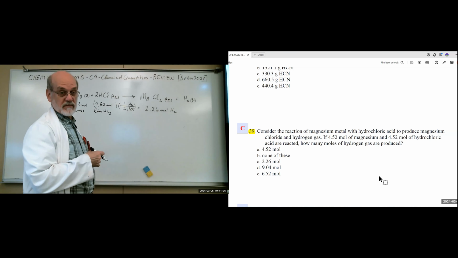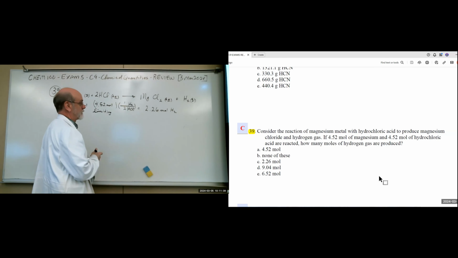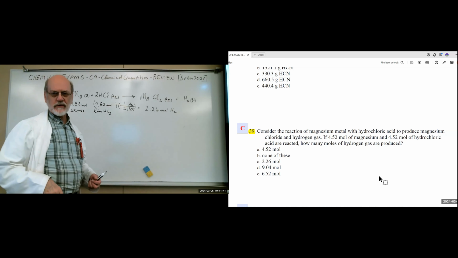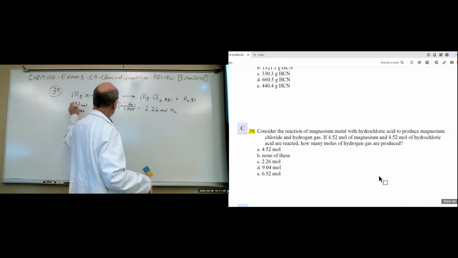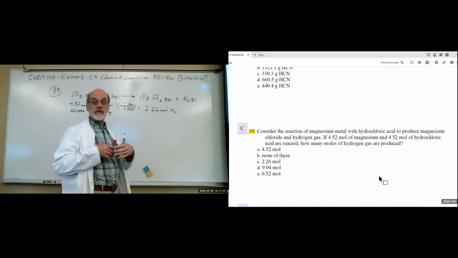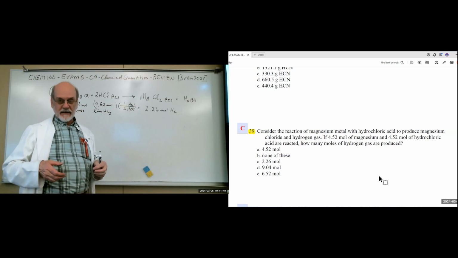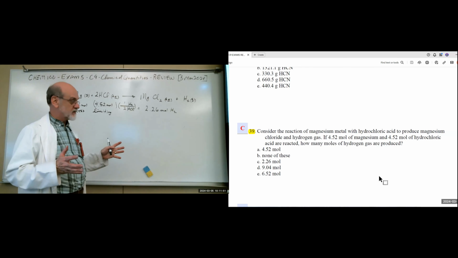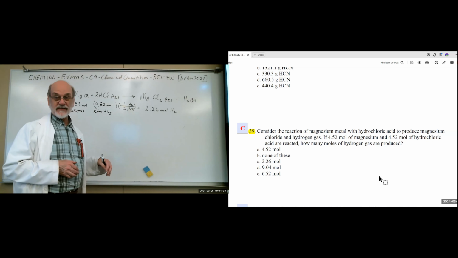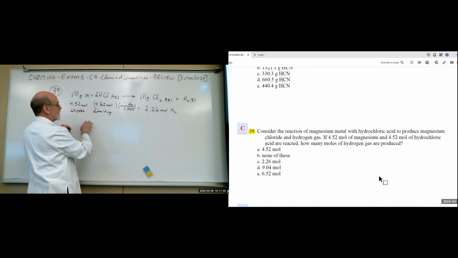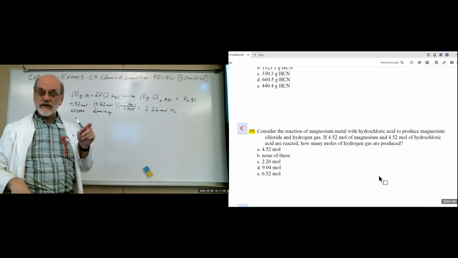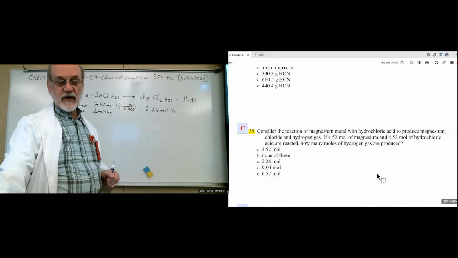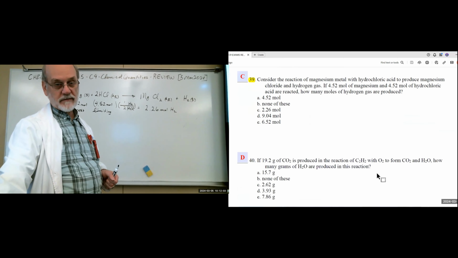And the answer is C. So we saved ourselves some time by not going through and calculating how much for each one and then saying which one is the least, right? That still works, but we knew with these equal amounts and the ratio of 2 to 1, then we could determine which one was limiting at the very beginning of the problem solution.